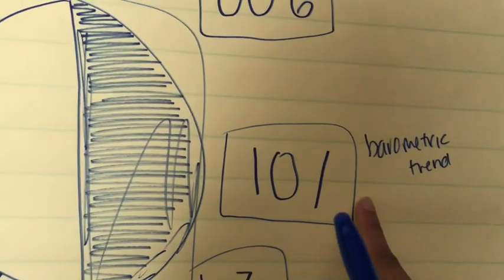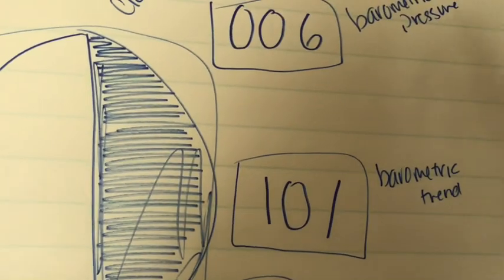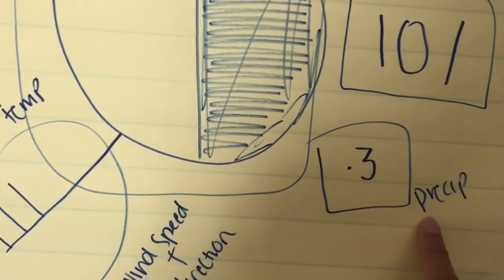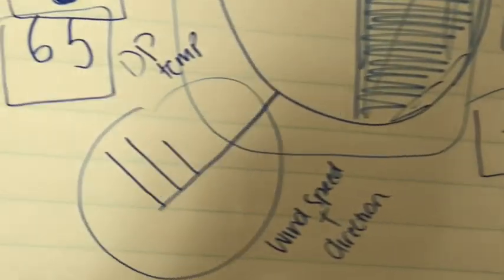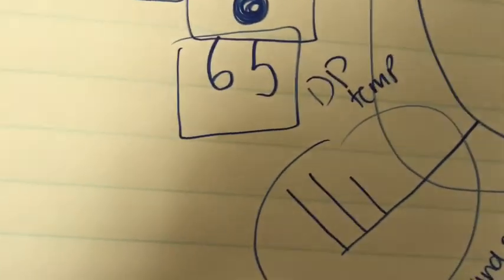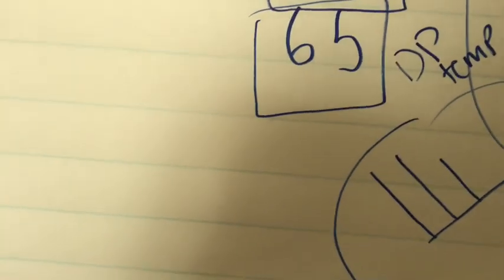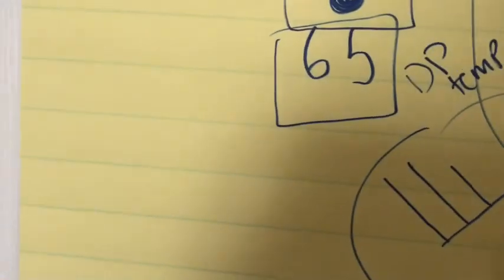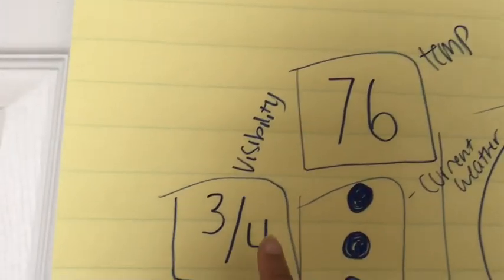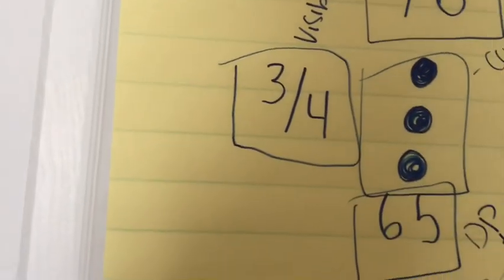Your barometric trend means it was increasing by 10 millibars, I believe. Then your total precipitation, your wind speed and direction, so this is southwest, and it is 25 mile per hour, or 25 knot winds. Dew point, temperature, visibility. I may have repeated that, but anyway.